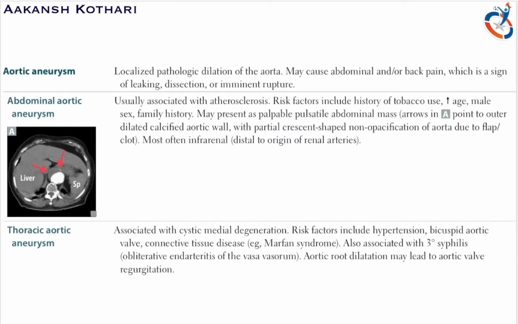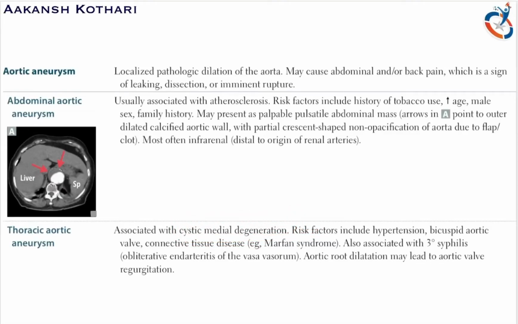Remember that. Now, talking about the second one, that is the thoracic aortic aneurysm, it is usually associated with cystic medial degeneration. Now, cystic medial degeneration is a histologic finding of connective tissue diseases in which the arteries are damaged, and there is a classic finding, that is a cystic medial degeneration.